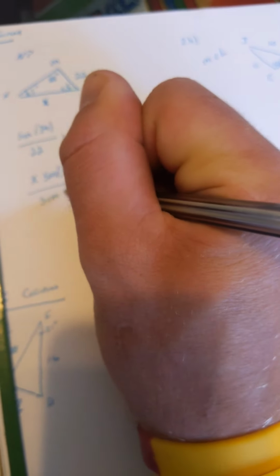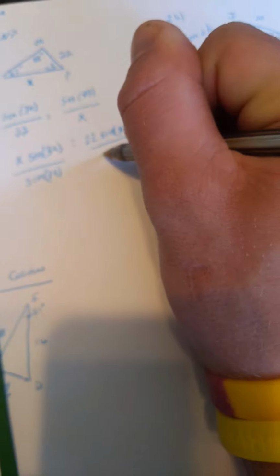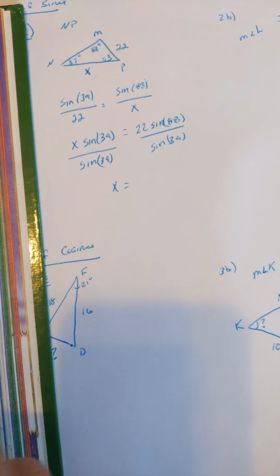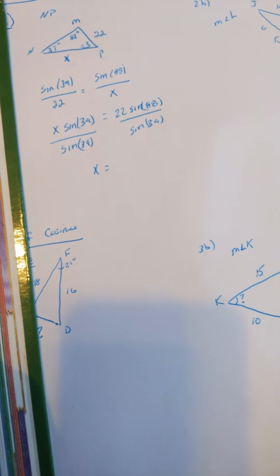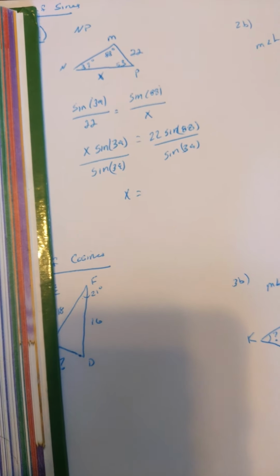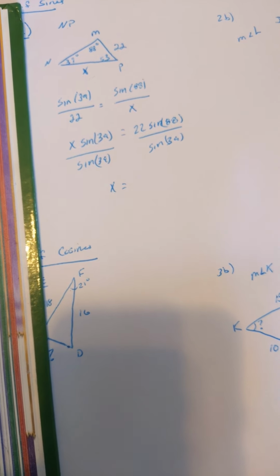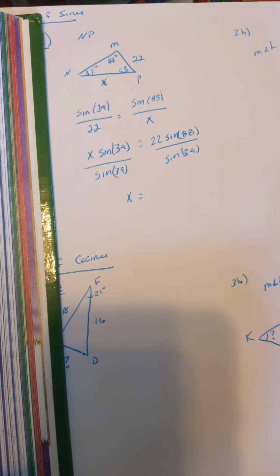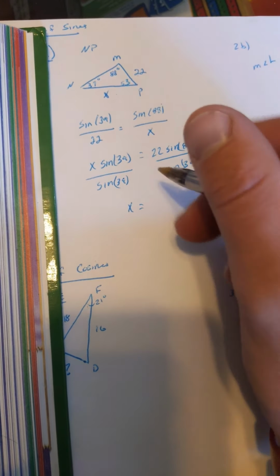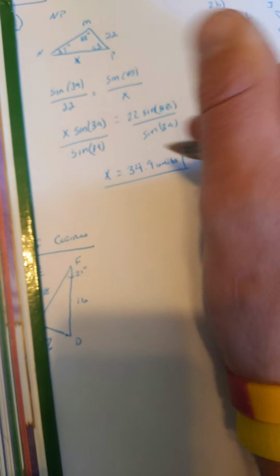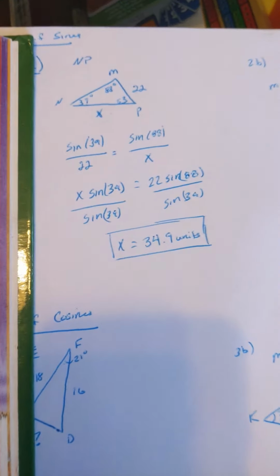Then divide by sine of 39. We get x equals 22 times the sine of 88, divided by the sine of 39. This is a side length, so x equals 34.9 in its units. It's all about setting up that proportion.